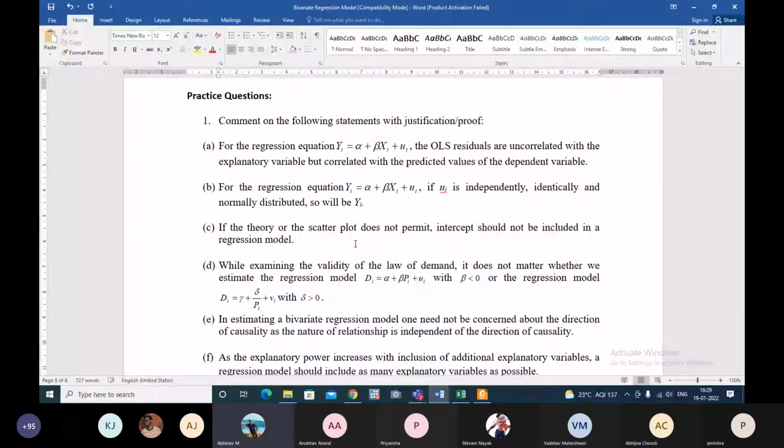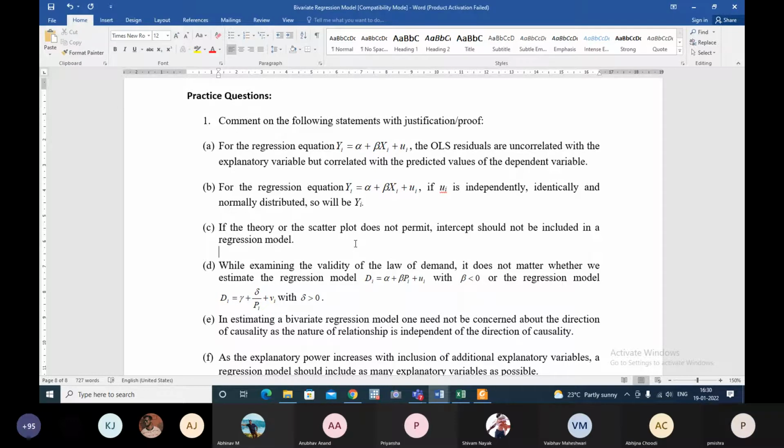Because we can't prove summation ui hat is equal to 0 if we exclude alpha hat. Very good. And then what will happen? Many of the subsequent properties will not hold. Isn't it? Yes, sir. Like when you are proving TSS is equal to ESS plus RSS, there also you are making use of summation of u hat I is equal to 0.